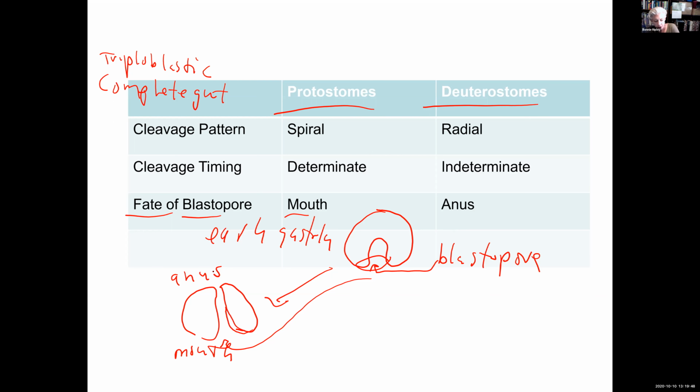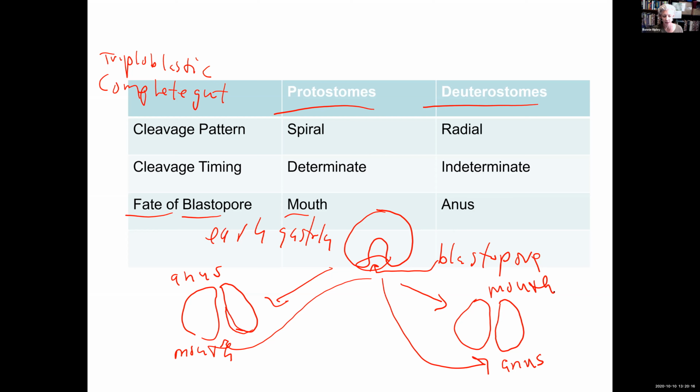But it turns out in another major group of organisms, the deuterostomes, so proto means first, mouth first, deuterostomes means mouth second. So we're going to start with the embryo in the same orientation. The gut's going to grow all the way through it. This blastopore, though, instead of being the mouth, is going to turn into not the head end of the animal, but the other end of the animal.